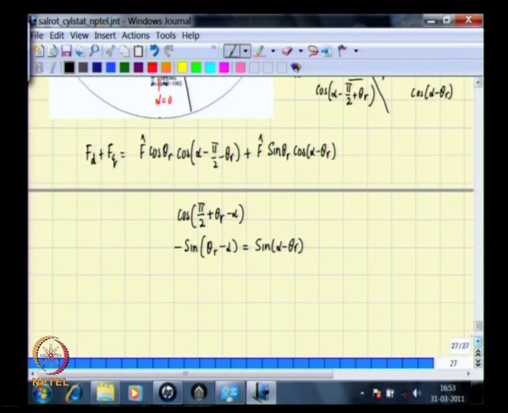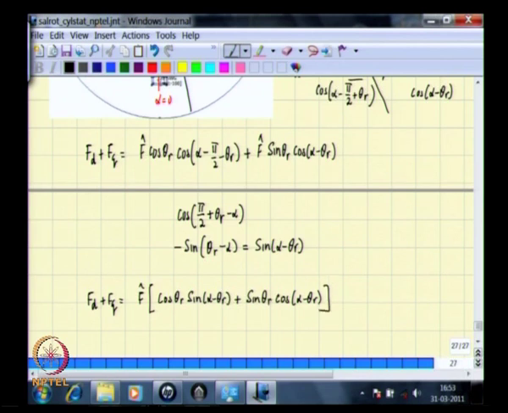Therefore Fd plus Fq can be written as f hat multiplied by cos theta r sin of alpha minus theta r plus sin theta r cos of alpha minus theta r.